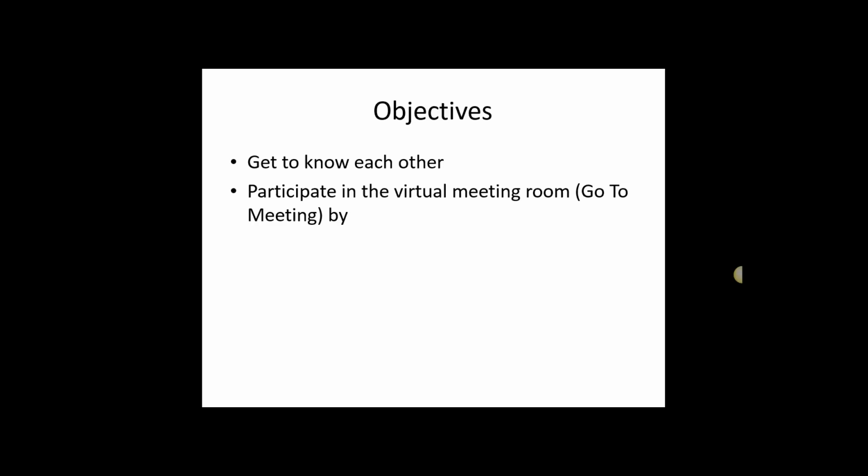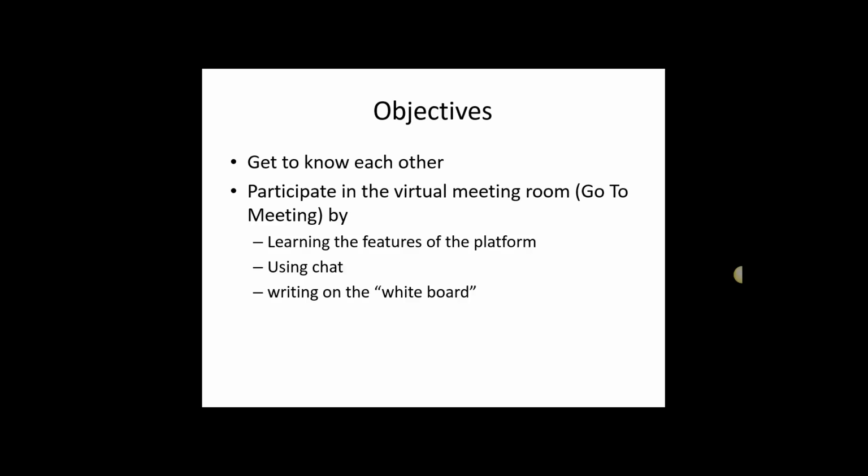All right, what are our objectives today? We want to get to know each other a little bit. Some of us know each other from live sessions, but some of us are new, so we want to introduce ourselves. You're going to be participating in the virtual meeting room by doing several things. First of all, learning the features of the platform, using the chat feature, writing on the whiteboard, which in our case is going to be a Google Doc that we will go out to.